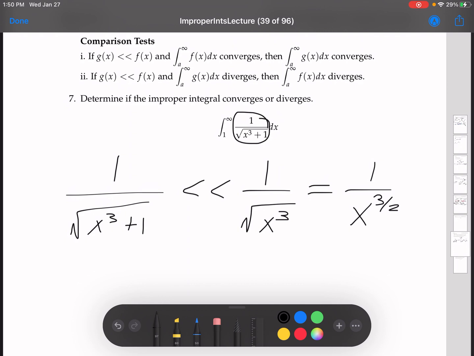Now when we put an integral symbol around this with the dx, this will be a p integral. Here p is equal to 3 halves, which is bigger than 1, so it's convergent.